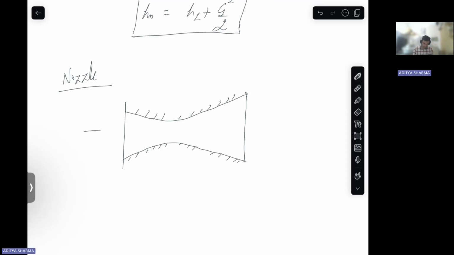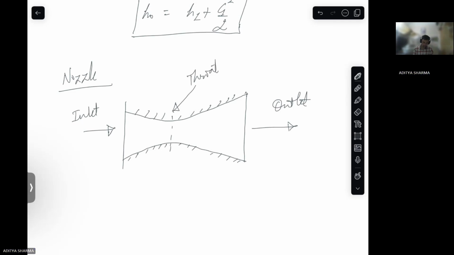This is your inlet. This is your outlet. This is your throat with minimum cross-sectional area.